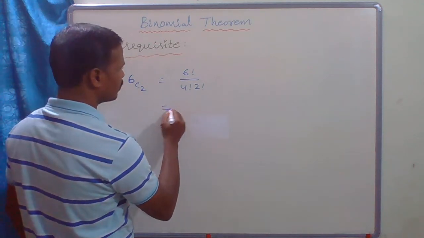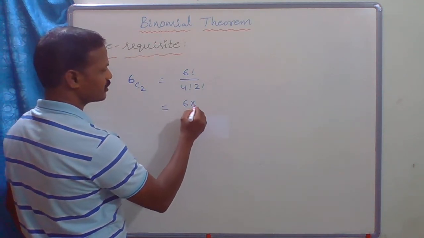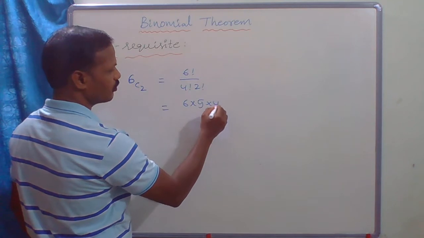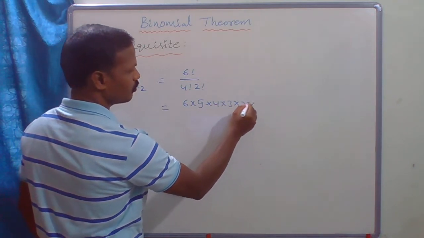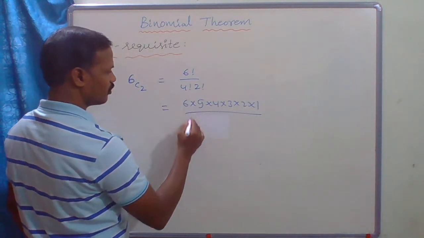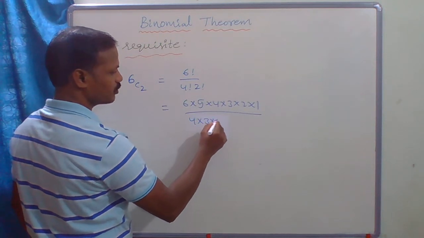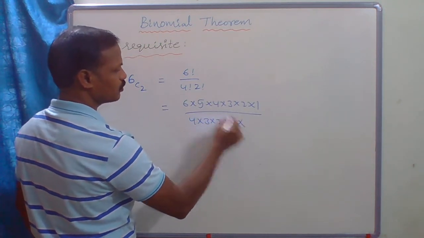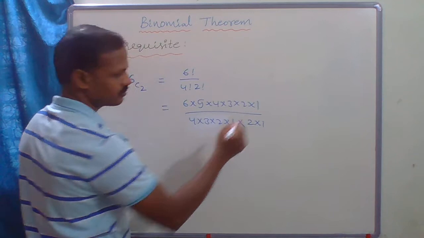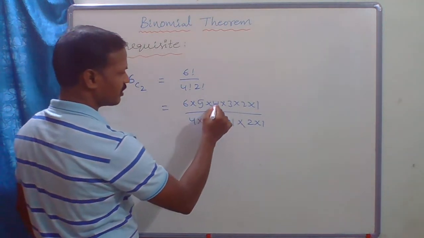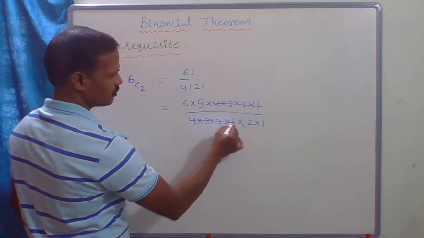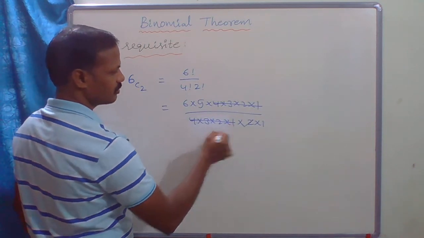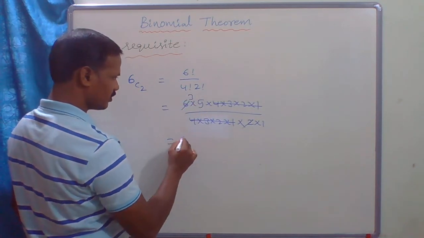This is equal to 6 into 5 into 4 into 3 into 2 into 1 by 4 into 3 into 2 into 1 into 2 into 1. Now by simplifying, this will be cancelled, and 2 1s are 2, 3 2s... which is equal to 15.